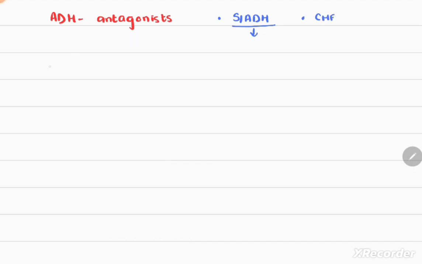The most important of the ADH antagonists are the Vaptans. The Vaptans have two drugs, Conivaptan and Tolvaptan.